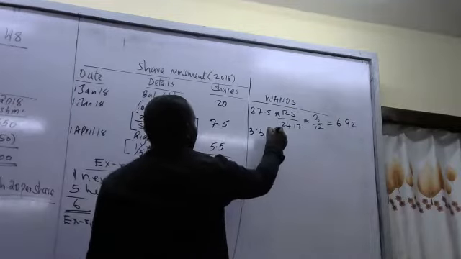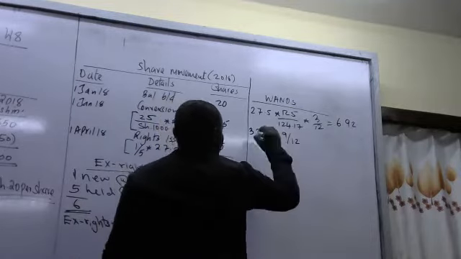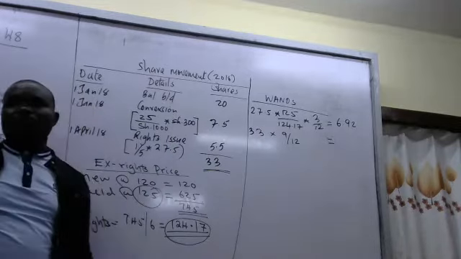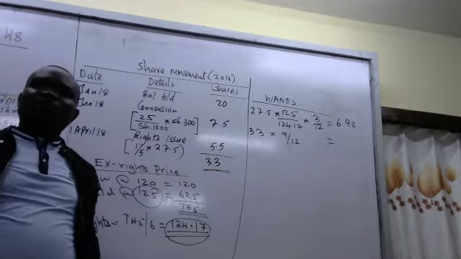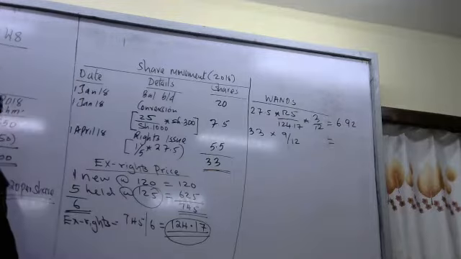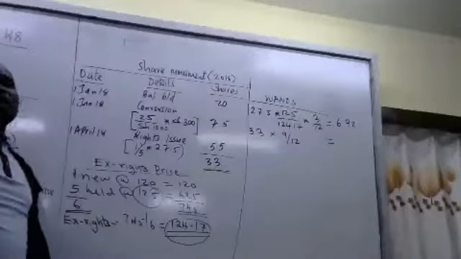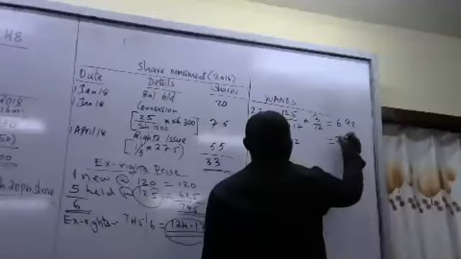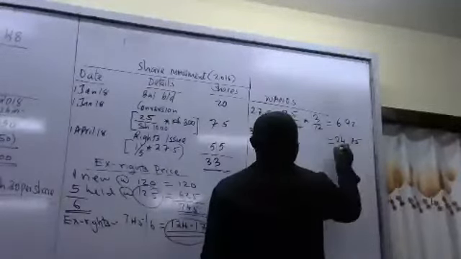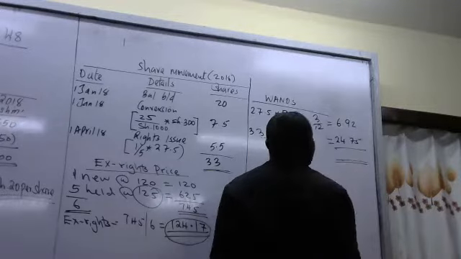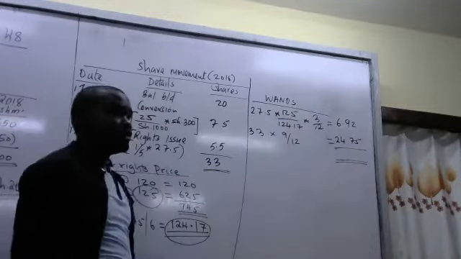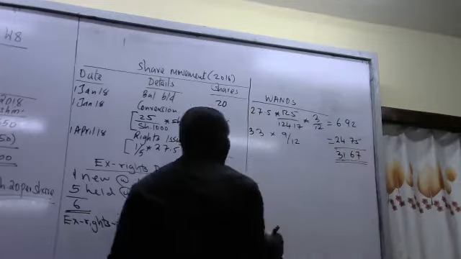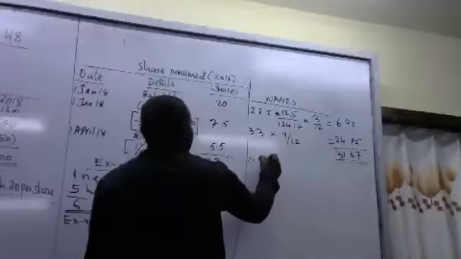Weigh them for the remaining period of 9 months, which gives 24 points. Therefore, add, it comes to 31.67.